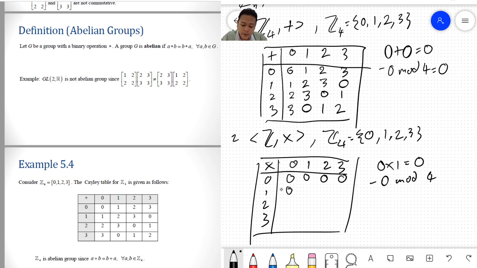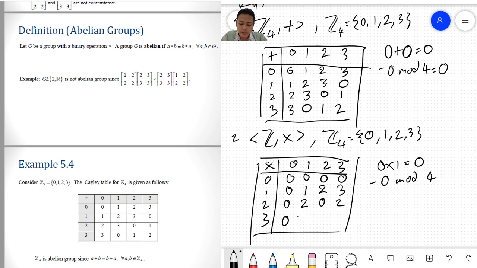This becomes 0, 1, then 1 times 2 is 2, and 1 times 3 is 3. Then 0, 2, and 2 times 2 is 4, and 4 mod 4 is 0. 2 times 3 is 6, and 6 mod 4 is 2.